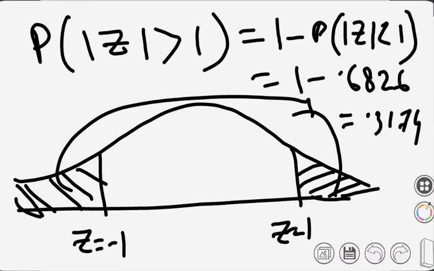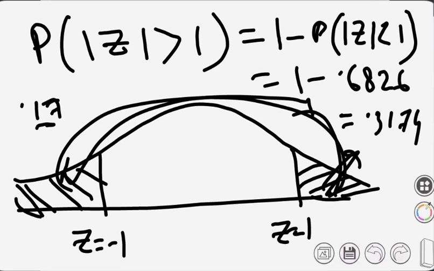Or you can use the 0.15-something value we found earlier: multiply that area by 2 to find it. So anyway, you can find whatever value is given with that probability table.